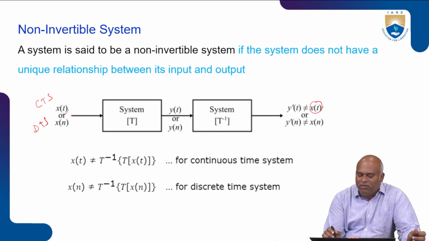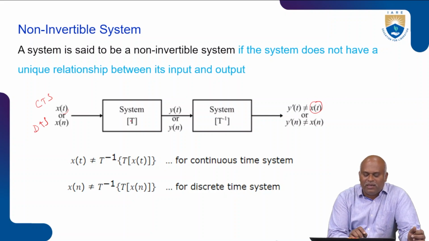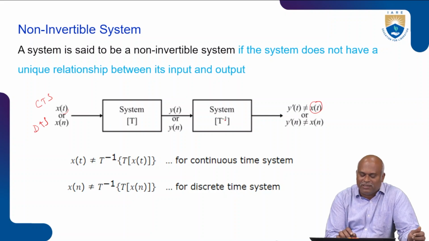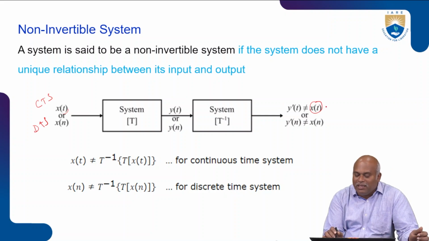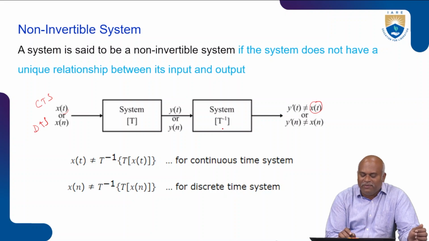We take the example x of t. We need to produce the output of the system as well as the inverse system. If the inverse output is not x of t, then it is represented as a non-invertible system. First you take the inverse of the output, then you pass it through the system response T, and it does not give back x of t.